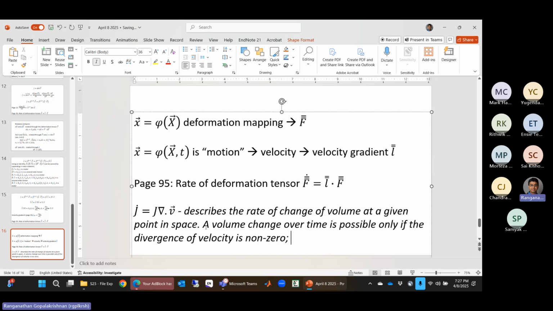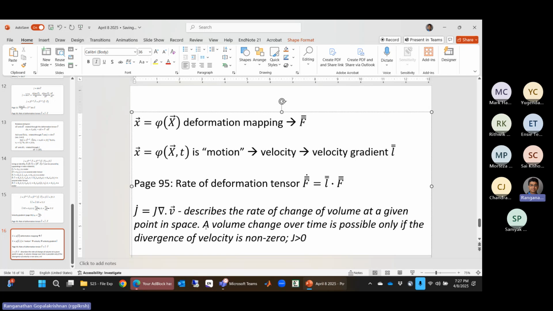Number two, the quantity J is always positive. Why? Because J connects a change in volume, and volume cannot be negative. You cannot shrink something or make it go away.